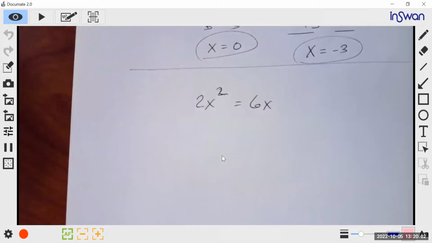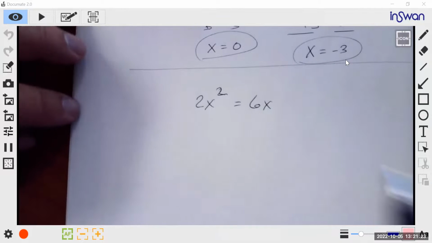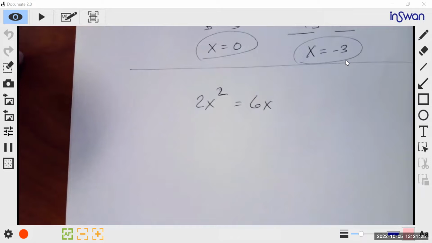Find me the solution to that one. Okay, since they both have x's, what do I have to do with them?